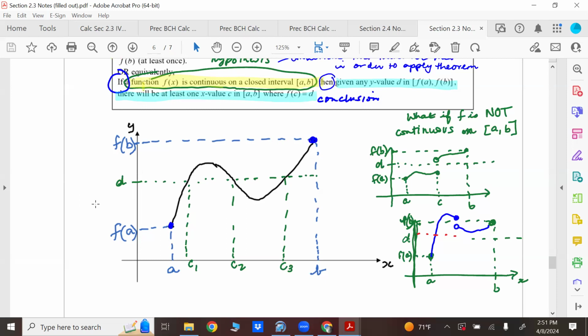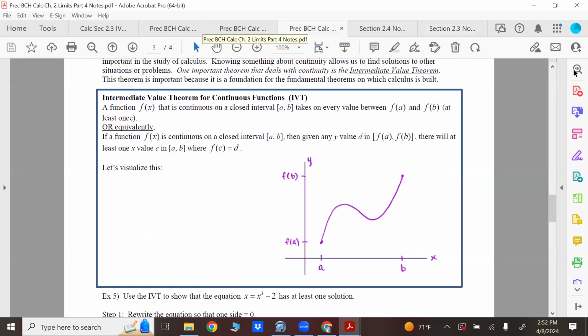Like, what's the lowest y value? It's like 2.00000000001, I don't know. So you have to be closed, in addition to being continuous. Again, it says it right there as well, the formality of it.